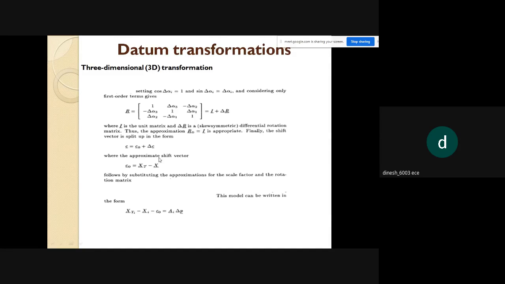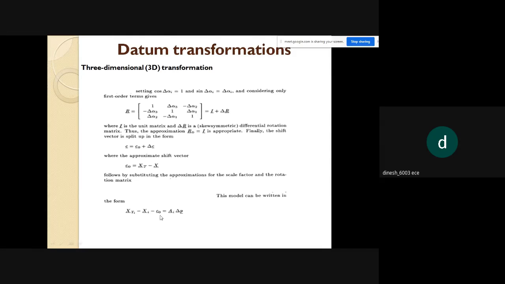I is a unit matrix, and del R is a skew symmetric matrix of differential rotations, and this can be approximated with R naught equal to I. Finally, the shift vector can be split up into C equals C naught plus del C, where the approximate shift vector is C naught equal to xt minus x.